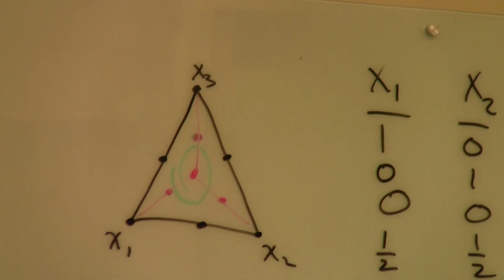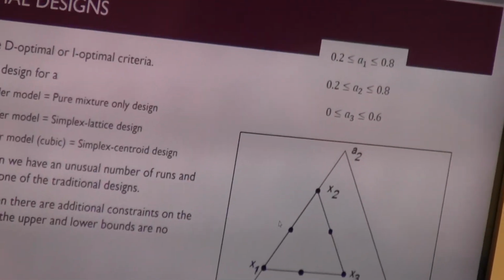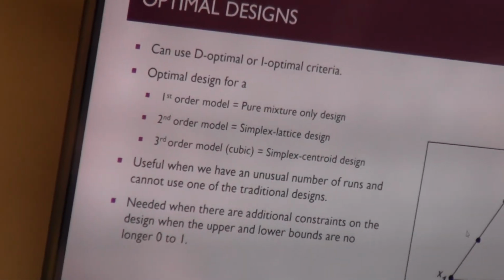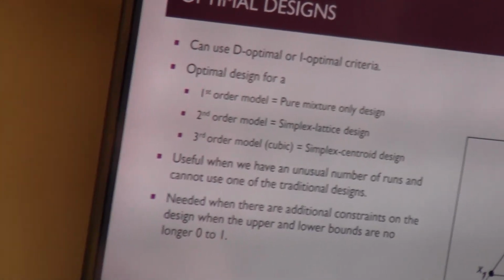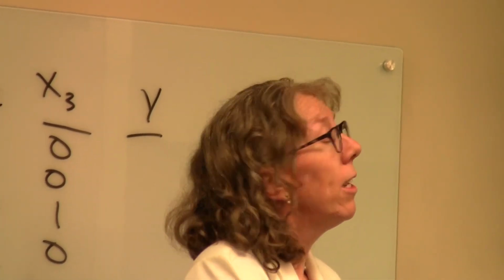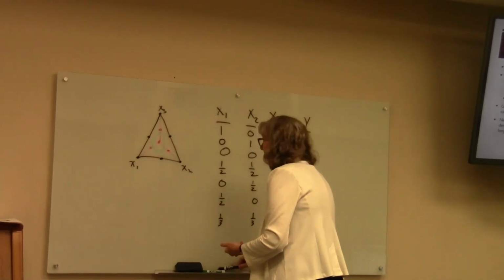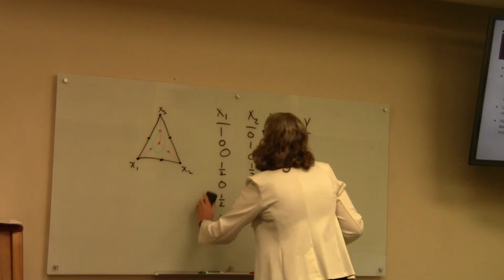For optimal designs, I watched a video by a software company, and they said this is usually what they're seeing in real life, the need to use optimal designs. Why? Well, let's take a look.